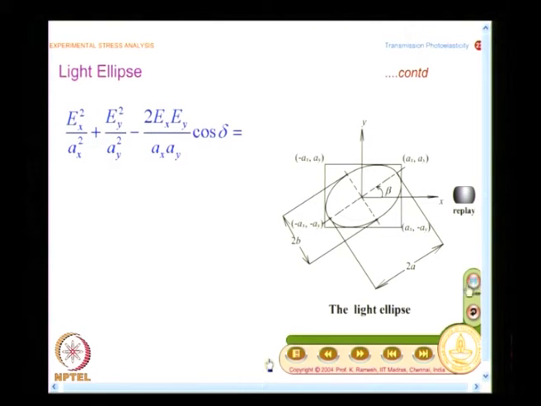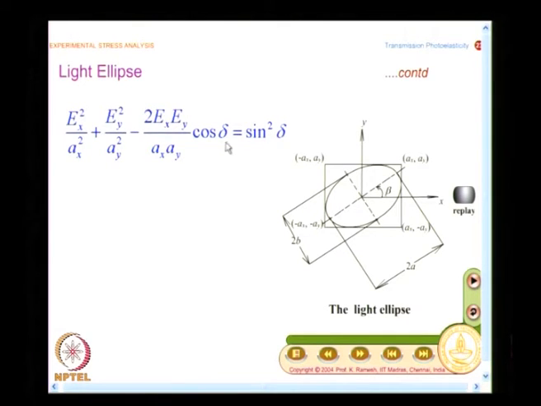So, I am going to get an expression like this. What I have is E x squared by A x squared plus E y squared by A y squared minus 2 E x E y divided by A x A y cos delta equal to sin square delta. And this is the generic expression of an ellipse.